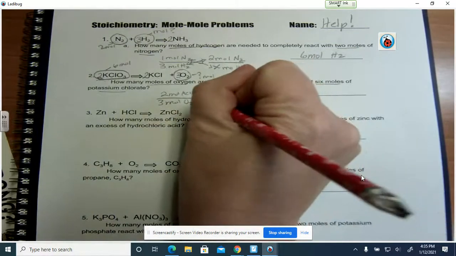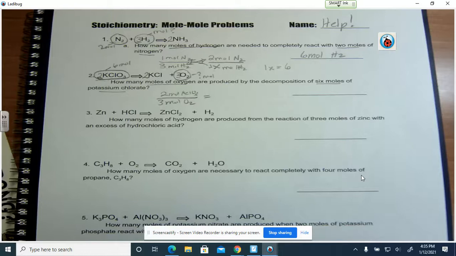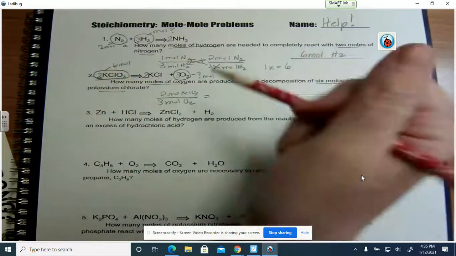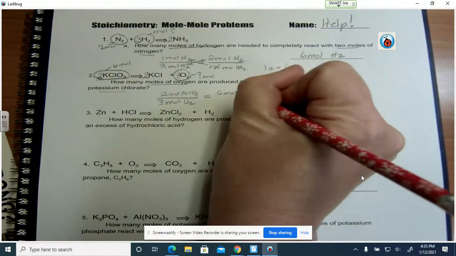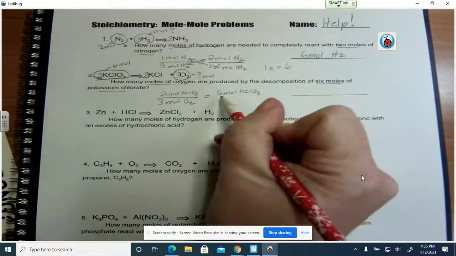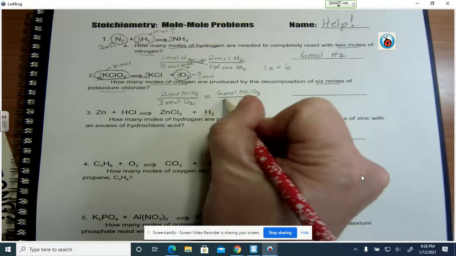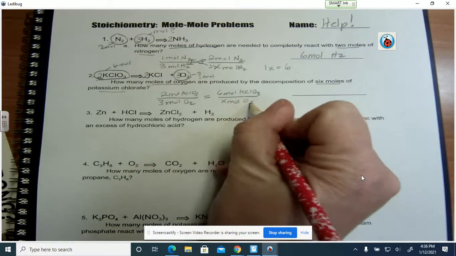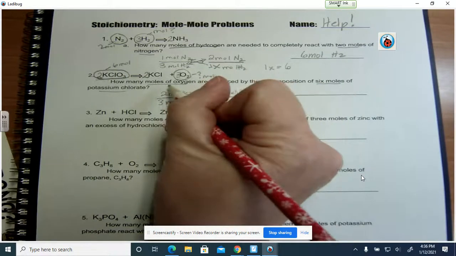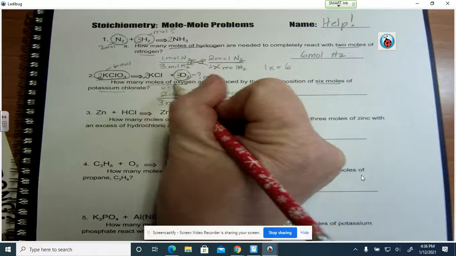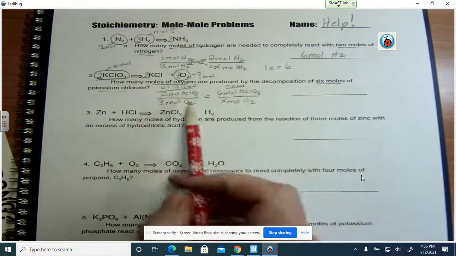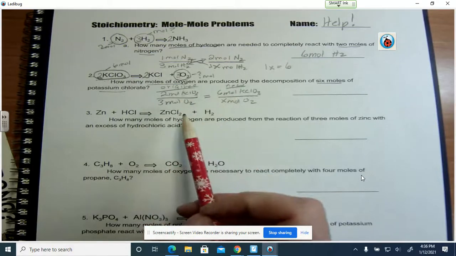Then I'm going to set that equal to my new information, what I know now. They're telling me I have 6 moles of potassium chlorate, so I'm going to put that right there. And I want to know, if I have 6 moles, how many moles of oxygen would be produced from 6 moles? Okay, so now I have it set up. This is from the original equation, and this is my new information.